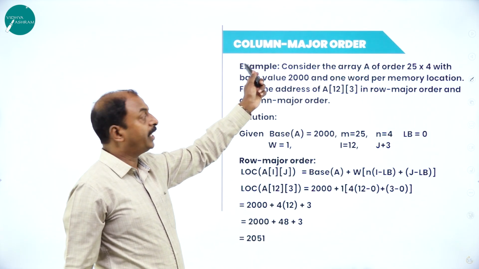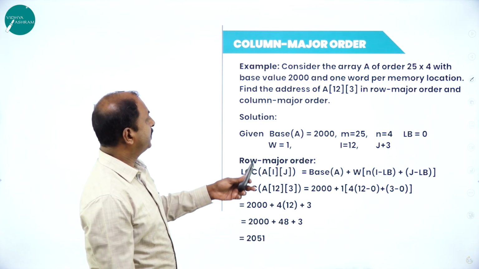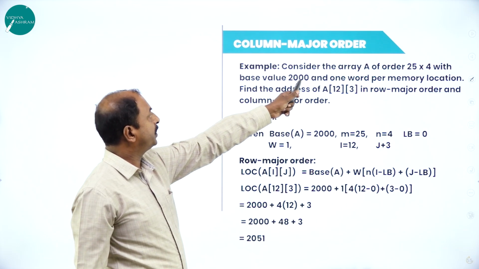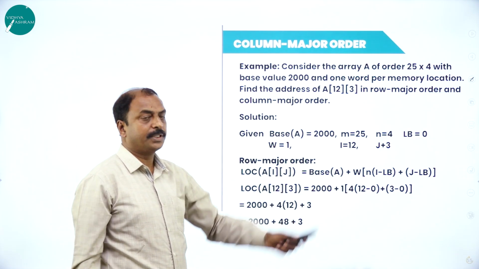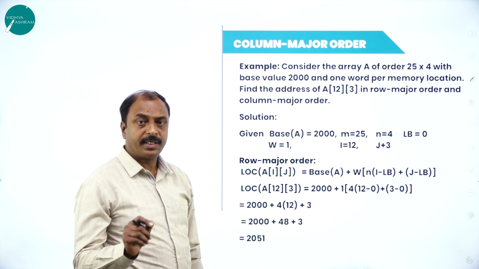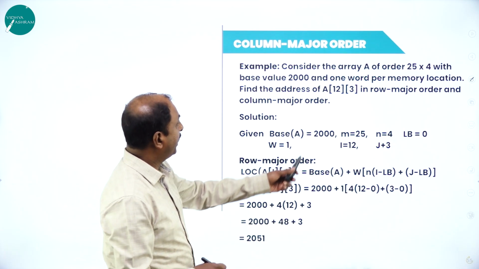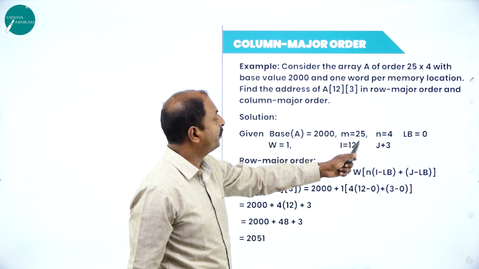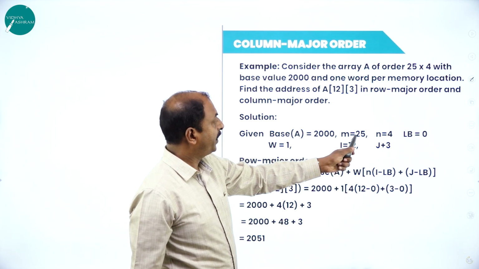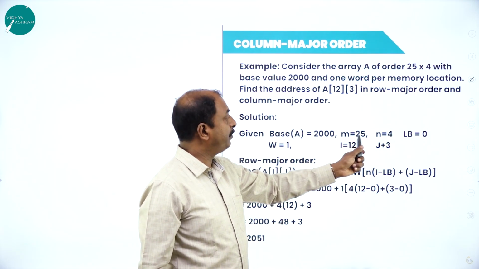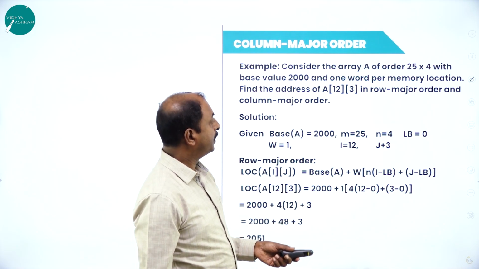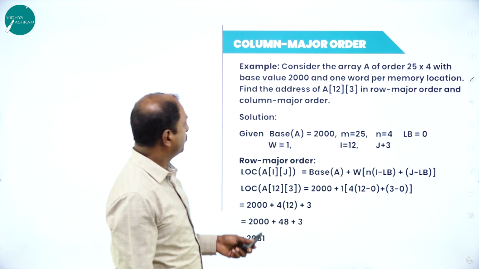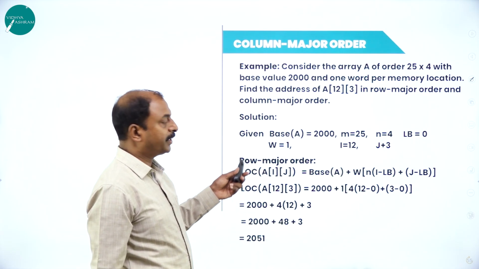First substitute the values for all the variables given here. See here, this is base a, the base address is 2000. It will be given, 2000 will be the memory address of the first data item in the two-dimensional array. Next, m into n. This is the order m into n, that is 25 into 4. 25 rows and 4 columns, m into n, rows and columns. And here LB stands for lower bound, it is always 0, and W is 1 as per the definition.